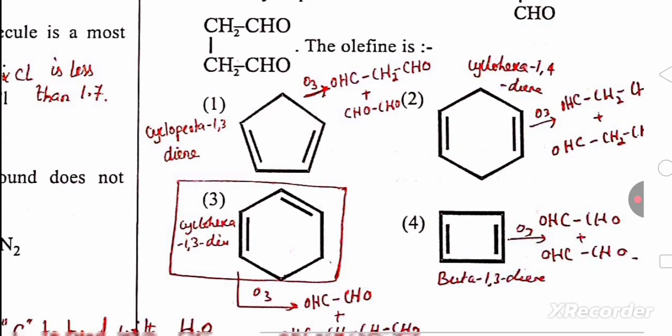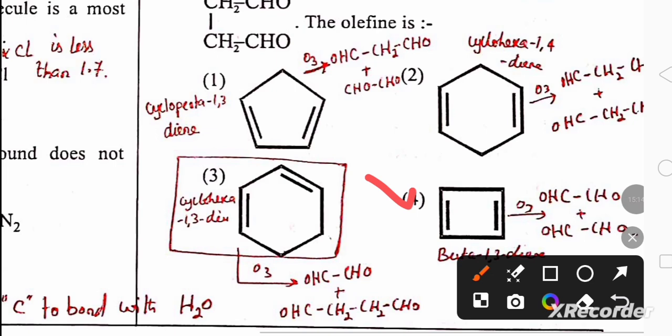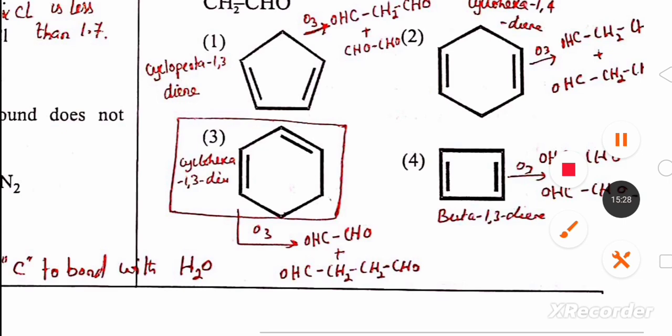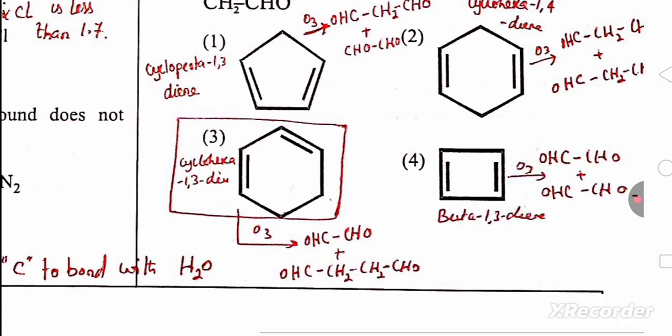When you see the fourth option, buta-1,3-diene, when this undergoes ozonolysis, it gives 2 carbon aldehydes and ethane-1,2-dial. And the third option is cyclohexa-1,3-diene. When it undergoes ozonolysis, it will give a 2 carbon aldehyde and a 4 carbon aldehyde. So this only we have in the options. So option 3, cyclohexa-1,3-diene is the right answer for this question.